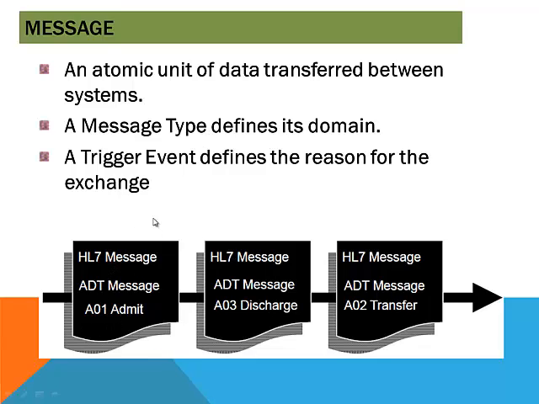If the message is about admission, discharge, transfer, then we also have different trigger events. If the trigger event is admission, then the trigger event code is A01. However, if the trigger is discharge of the patient, the trigger event code will be A03. If the trigger event is transfer of the patient, the trigger event code will be A02.